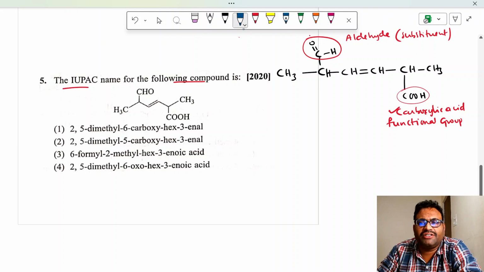If we number it, 1, 2. Let us select the parent chain. The parent chain can be selected in two ways here. One way of selecting the parent chain is 1, 2, 3, 4, 5, 6, 7. I am selecting this.